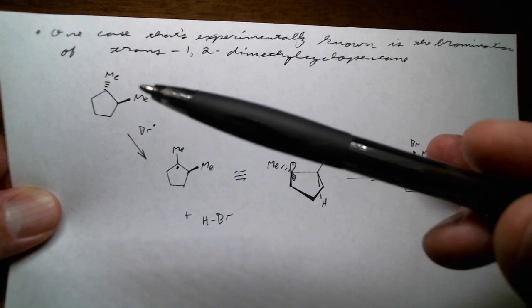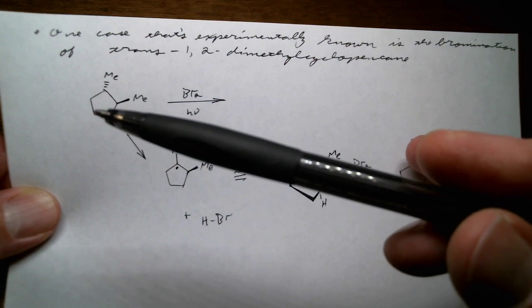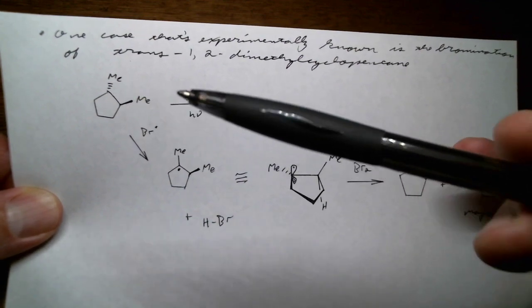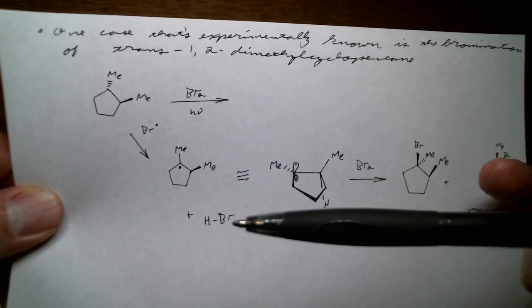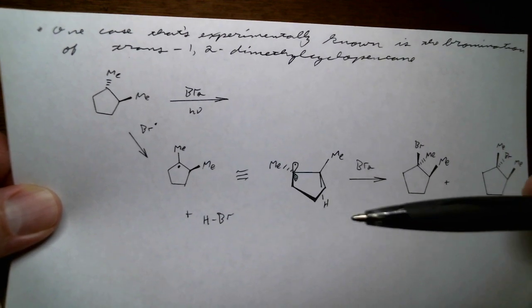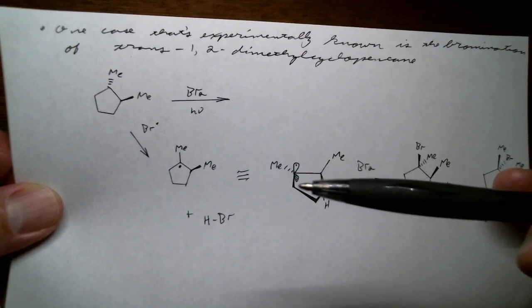Our methyl groups are primary hydrogens, these are secondary carbons, so they have secondary hydrogens, but we've got a couple of tertiary hydrogens. We're highly selective for those, so we're going to take one or the other, and lo and behold, if we take this one, we end up with this type of radical.